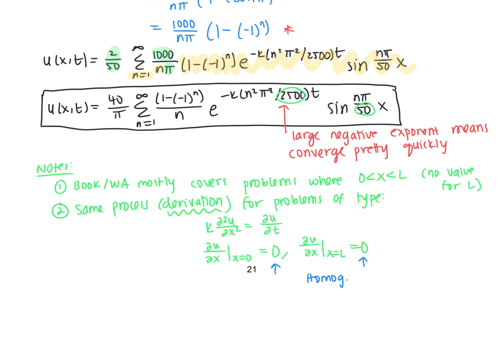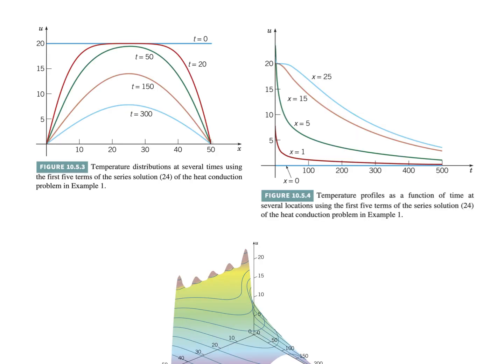So last thing that I want to do before we move on is look at the figure on the next page. So there are some things that are interesting here for us to see. Here's the first one. This gives us temperature distributions for several times using just the first 5 terms of the series.